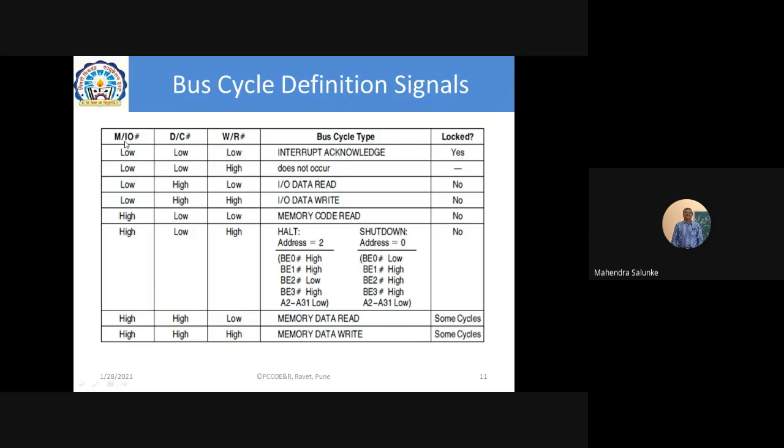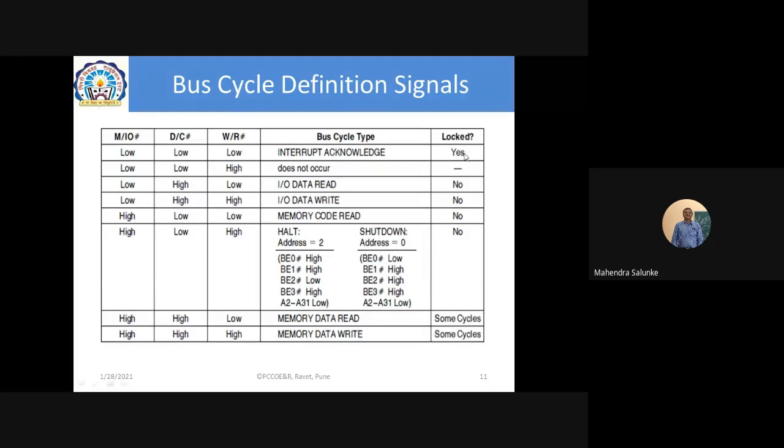Now, when M/IO bar is low, D/C bar is low and W/R bar is low, that cycle is interrupt acknowledge. What is this interrupt acknowledge? Interrupt acknowledgement is associated with acknowledging the interrupt received from external devices. This acknowledgement cycle will be carried out by your processor to respond to the external interrupt. And this interrupt acknowledgement cycle is LOCK bar. LOCK was the fourth signal that we highlighted.